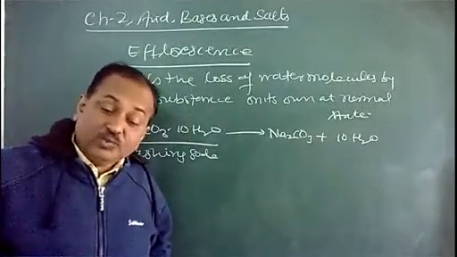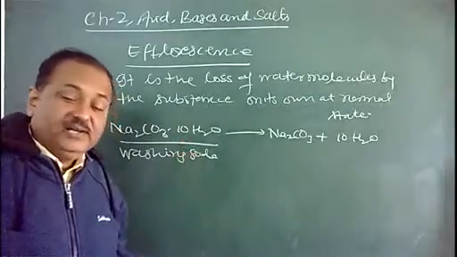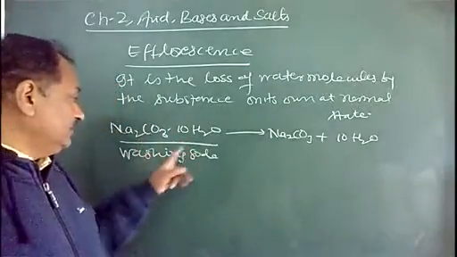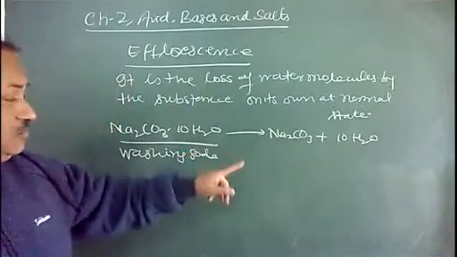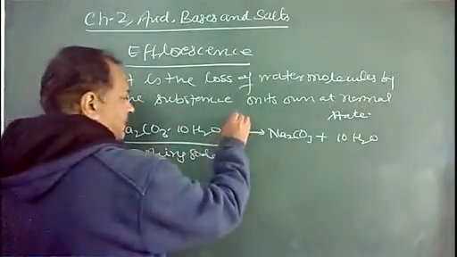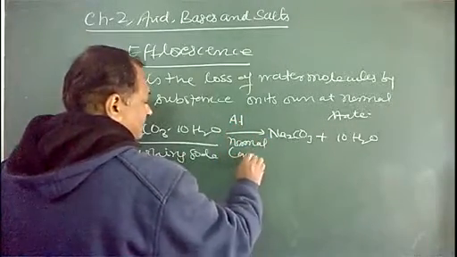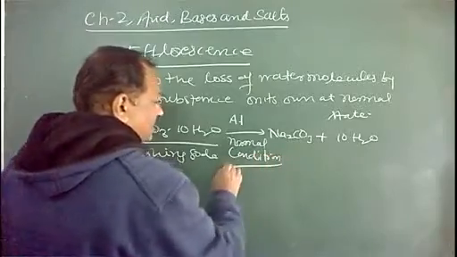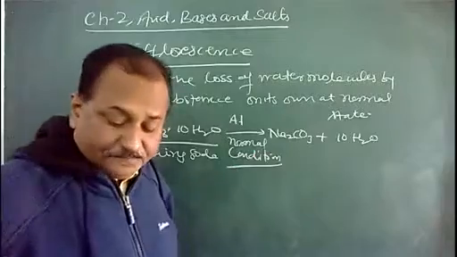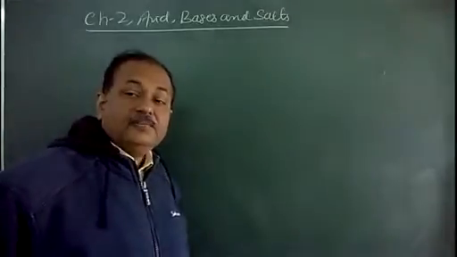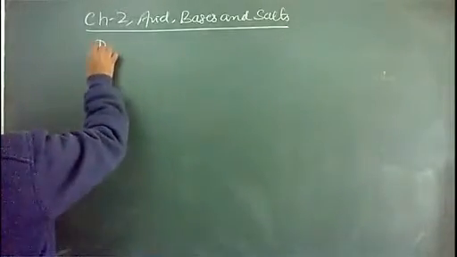The 10 water molecules are present in sodium carbonate, called sodium carbonate decahydrate, and so it loses water molecules at normal condition, that is at the room temperature. This is called efflorescence.